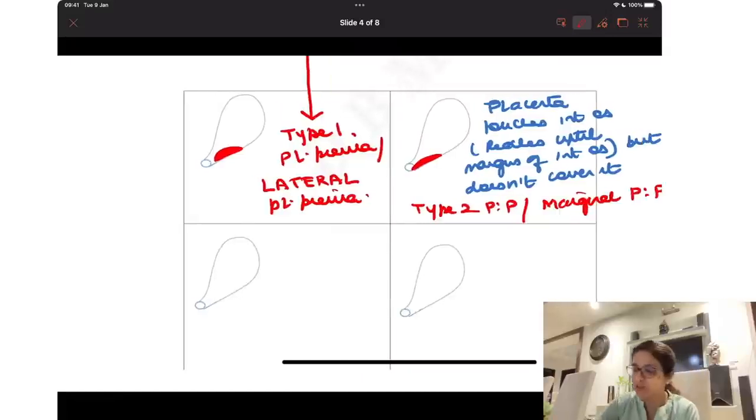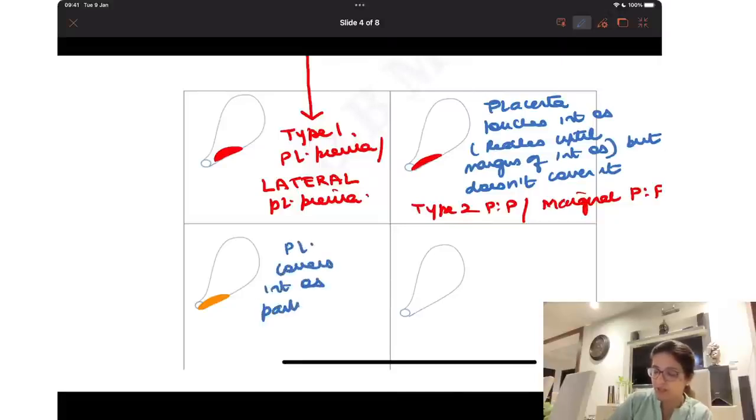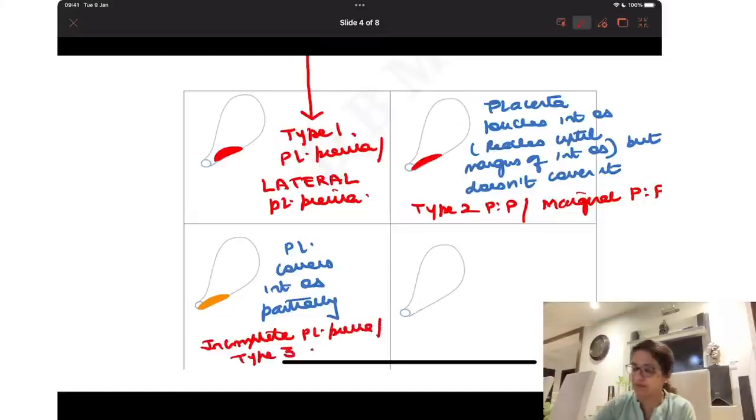Then we have the third type, where the placenta covers the internal os partially. This is what is incomplete placenta previa. This is also called type 3 placenta previa.